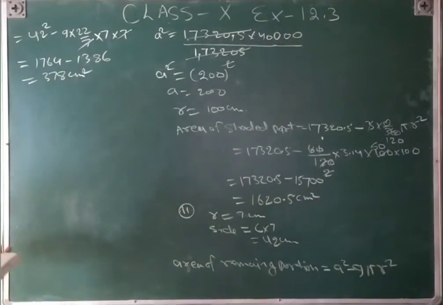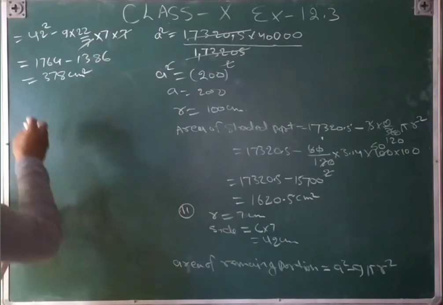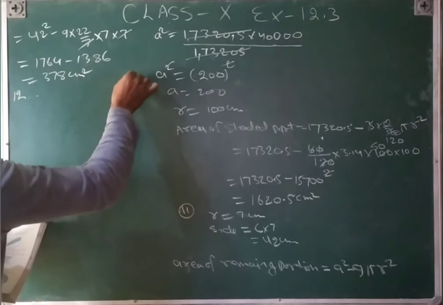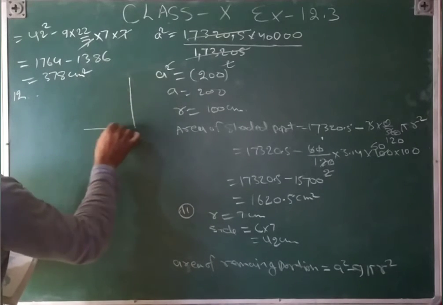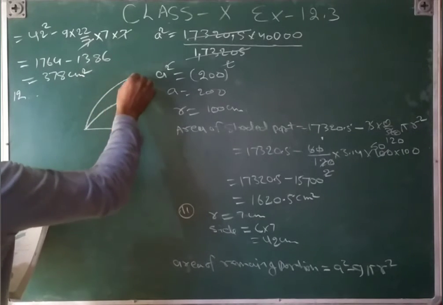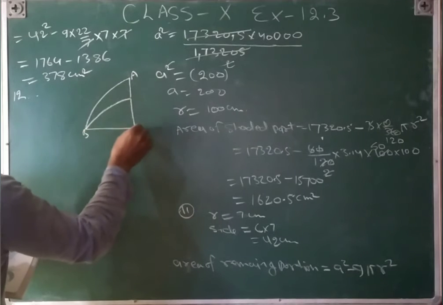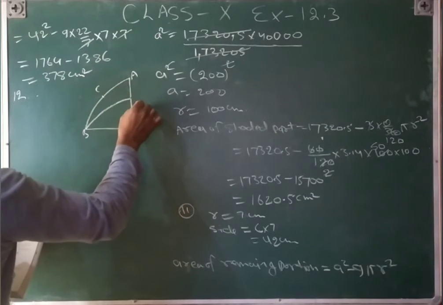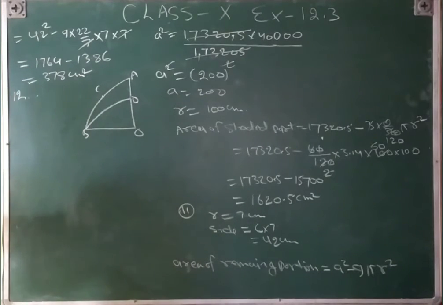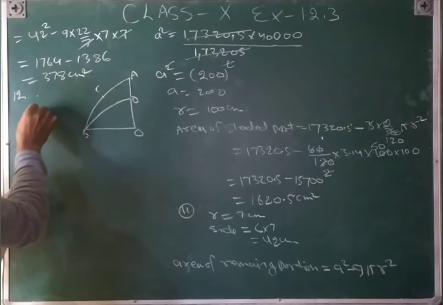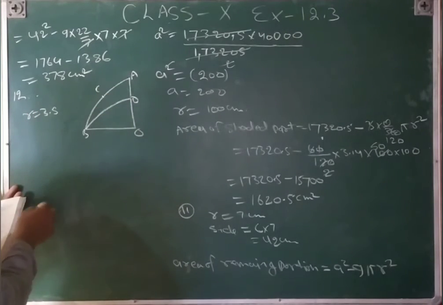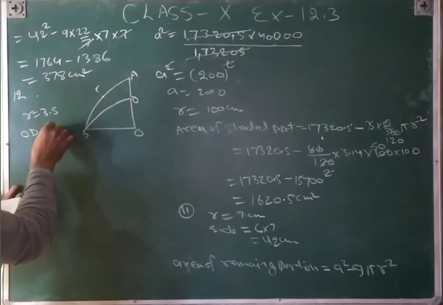Next question, that 12th question. The diagram is given here. You can see the diagram also. And then this line is A, B, C, D, O. So radius is equal to 3.5, R is equal to 3.5, and OD is equal to 2 centimeter.